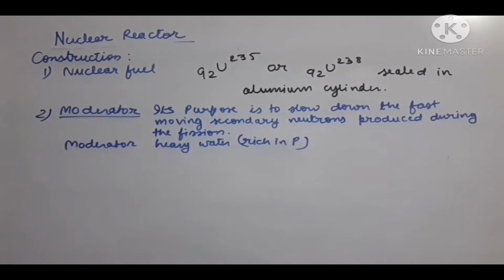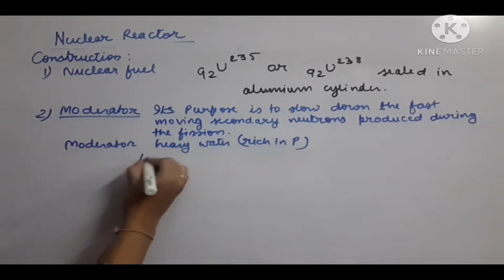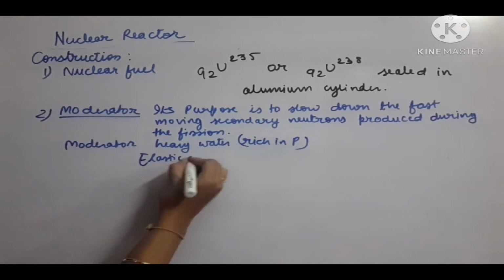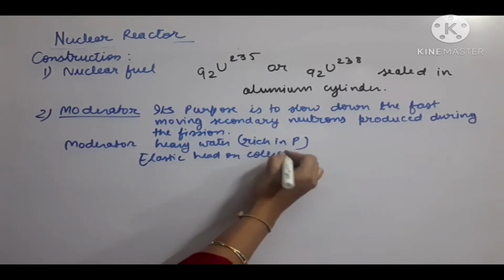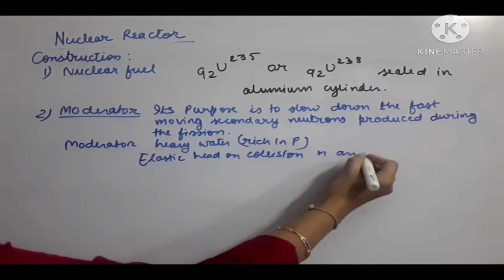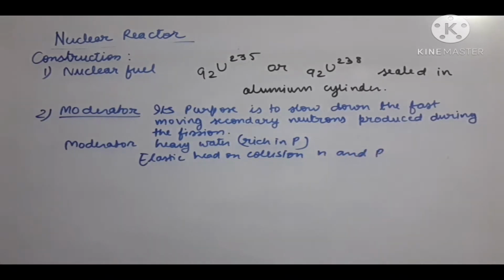Rich in protons. So what is the principle by which the speed of the neutrons is slowed down? The purpose is that we cause an elastic head-on collision of the neutron passing through any material rich in protons.